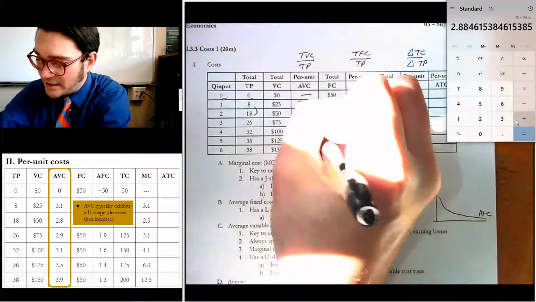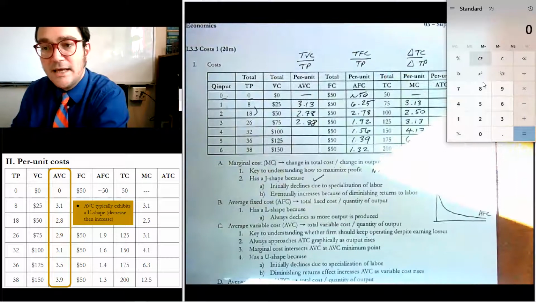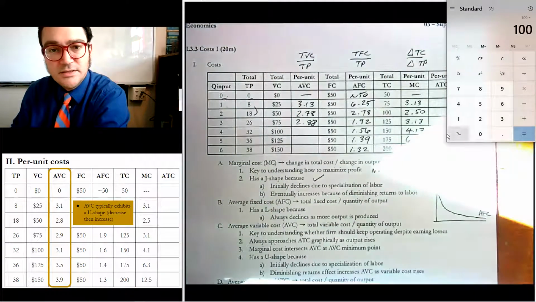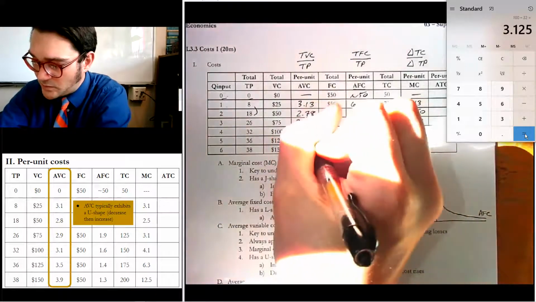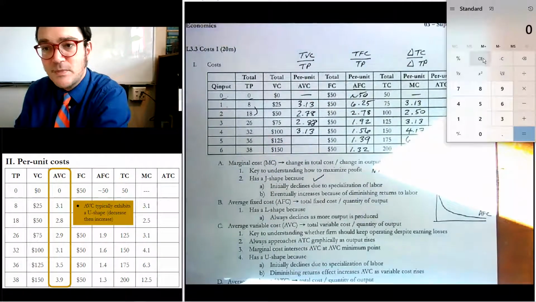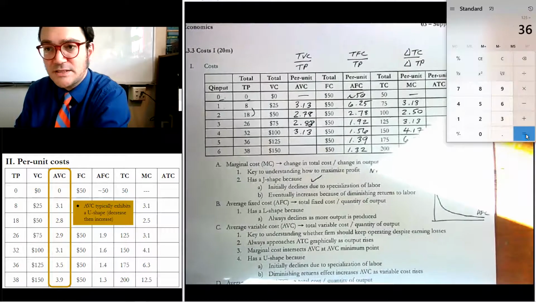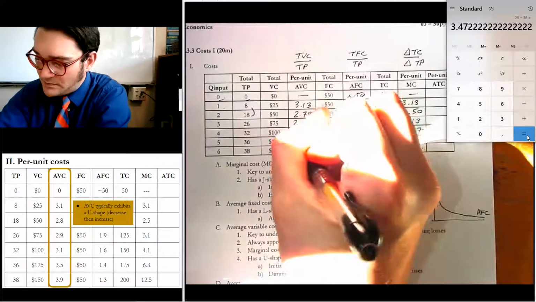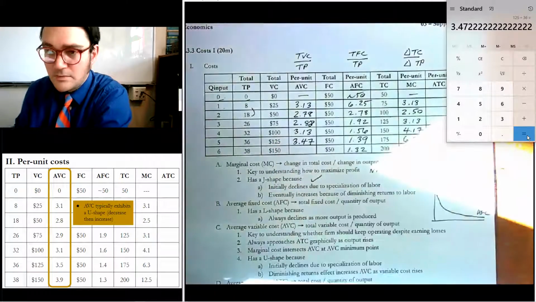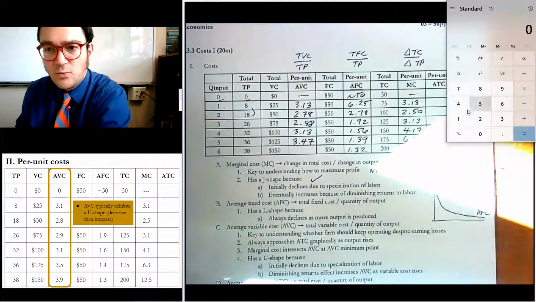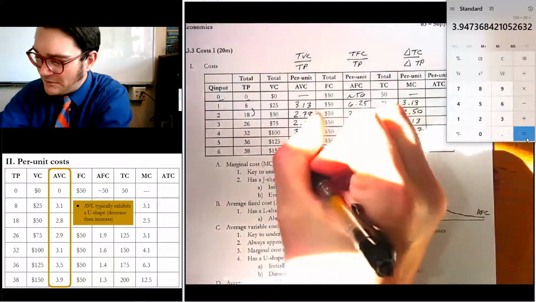So now it starts to come back up again. And 100 divided by 32 is 3.13. So it's still coming back up again. And 125 divided by 36 is 3.47. And 150 divided by 38 is 3.95.